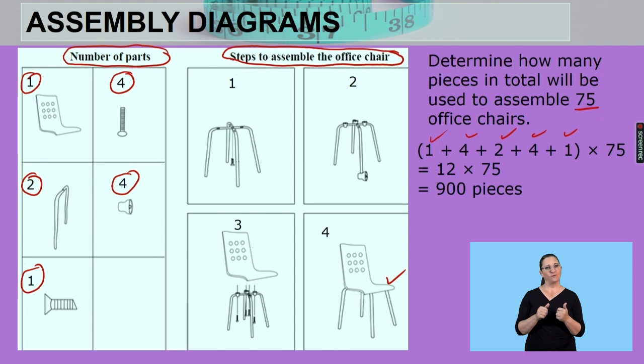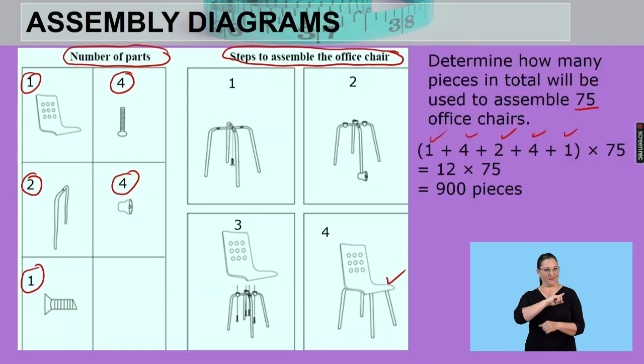So that's the sum of all of those parts to make 1 chair. But how many chairs are we making? We're assembling 75 office chairs. So that's why I times it by 75. If I add all that up, I get 12, and 12 times 75, there's a total of 900 pieces that could be assembled.